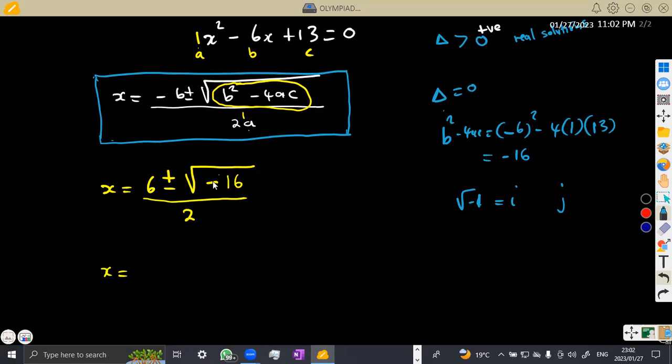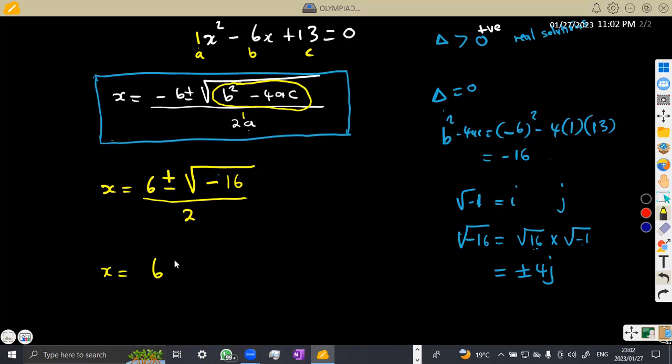Because we've got the square root of negative 16, which can be written as the square root of 16 times the square root of minus 1. 16 times minus 1 is minus 16. The square root of 16 is plus or minus 4, and the square root of minus 1 is the one that we represent as i or as j. So this is going to be plus or minus 4j. This is what you're going to obtain for the solutions.